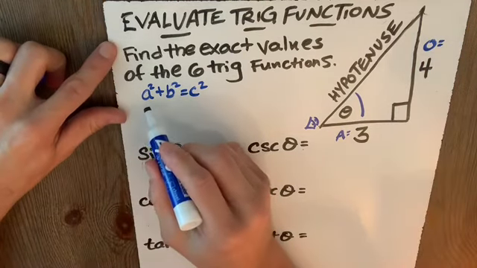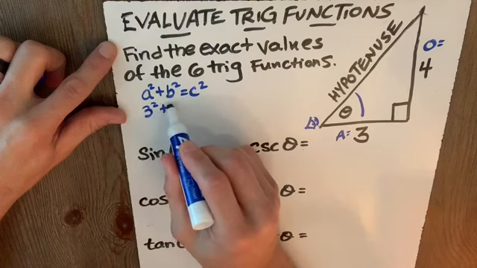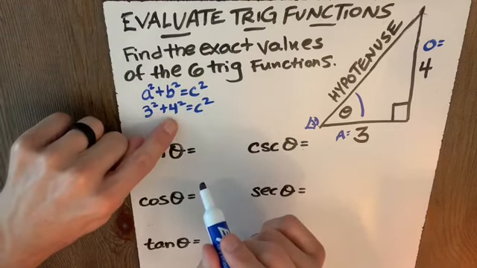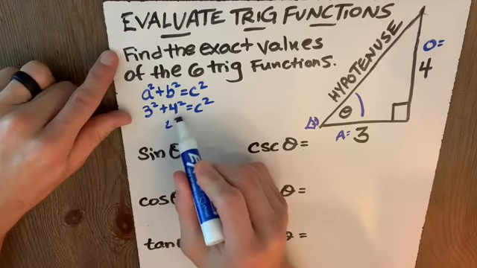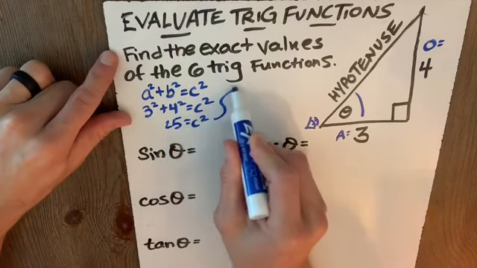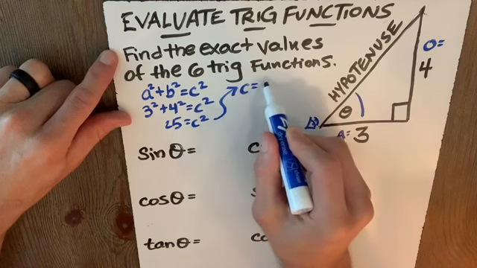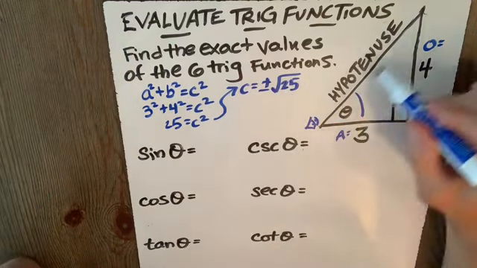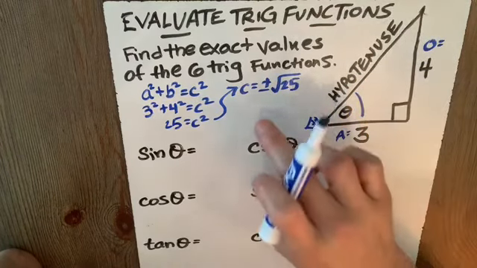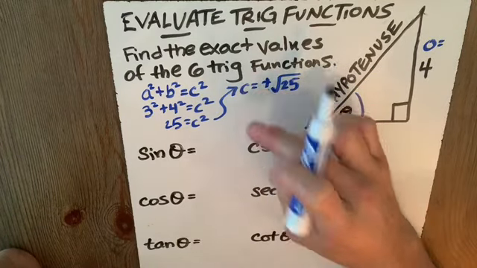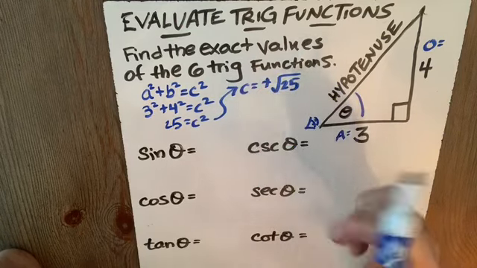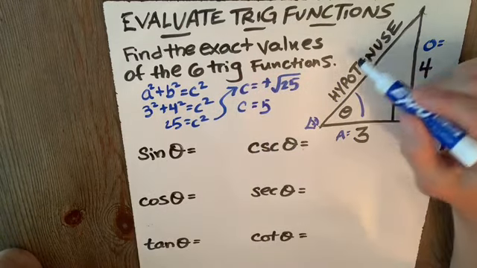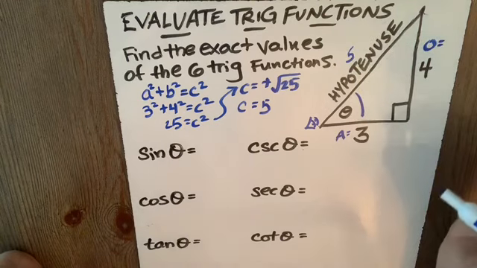So if I do the math out, I'll have 3 squared plus 4 squared equals c squared. 3 squared is 9, plus 4 squared is 16, gives us 25 equals c squared, which implies that c is equal to plus or minus the square root of 25. But we're talking about the hypotenuse, and the hypotenuse is always positive. That's why I'm going to forget about the negative root and just deal with the principal or positive root, which is 5. So here, this side is 5.